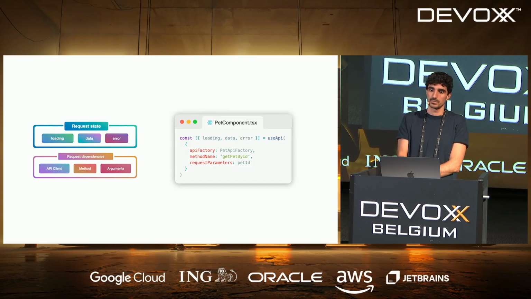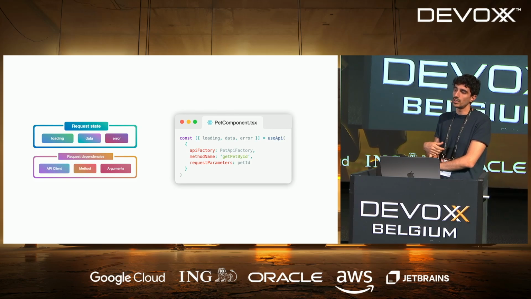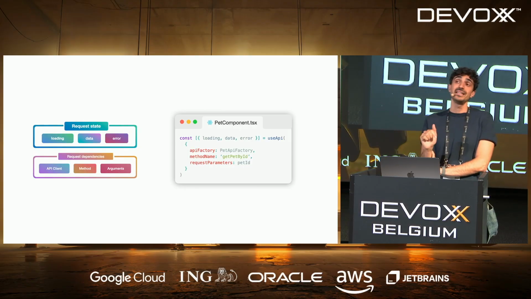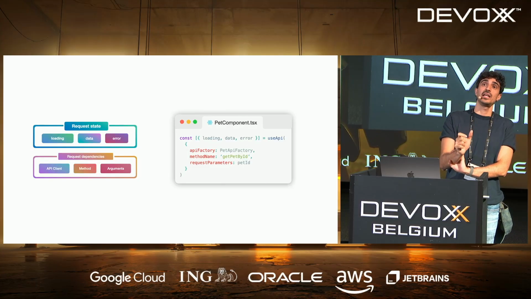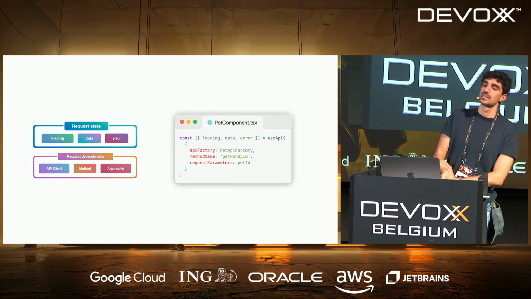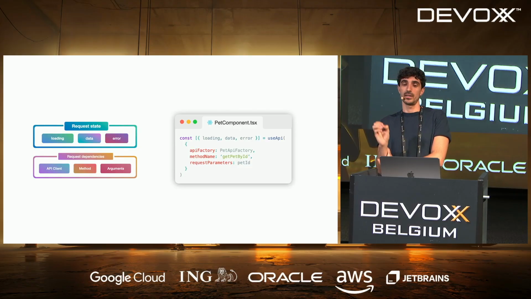So it's perfect, no? The method name is a string here. And one could argue, well, a string is not really type safe. But in this case, it is, because the string that you see as a method name is checked against the keys of the pet API factory. So it has to be something that is a key of the pet API factory.